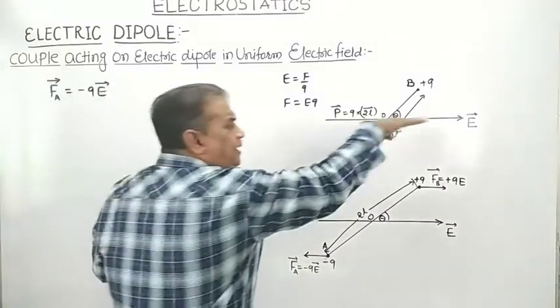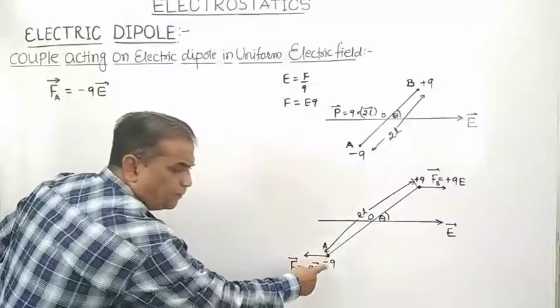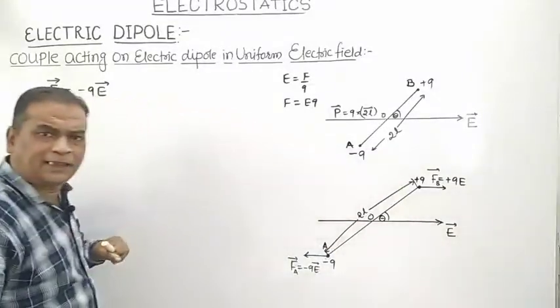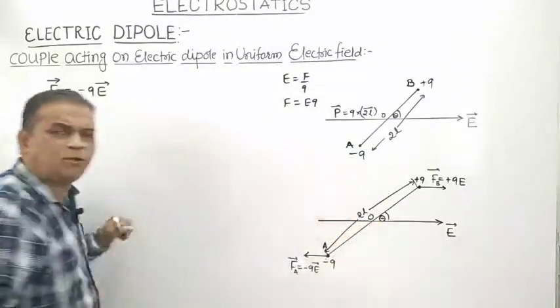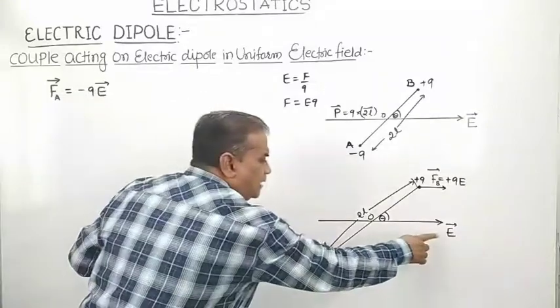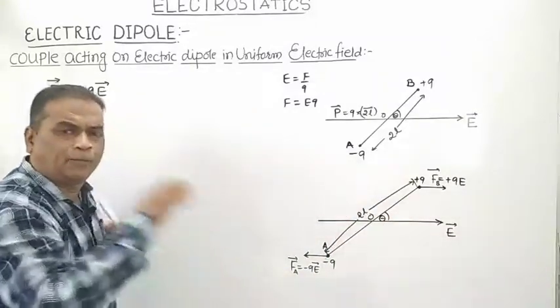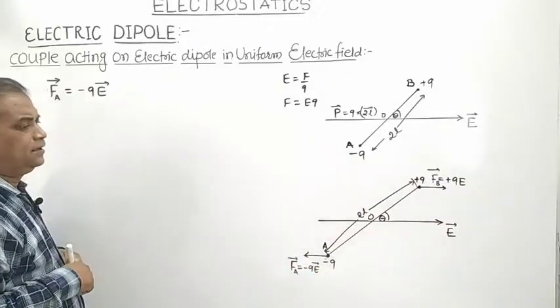As E is pointing towards the right, the force on charge minus q due to the electric field of intensity E acts in a direction opposite to the direction of what? The electric field intensity. Means E and Fa are oppositely directed because that charge is a negative charge.